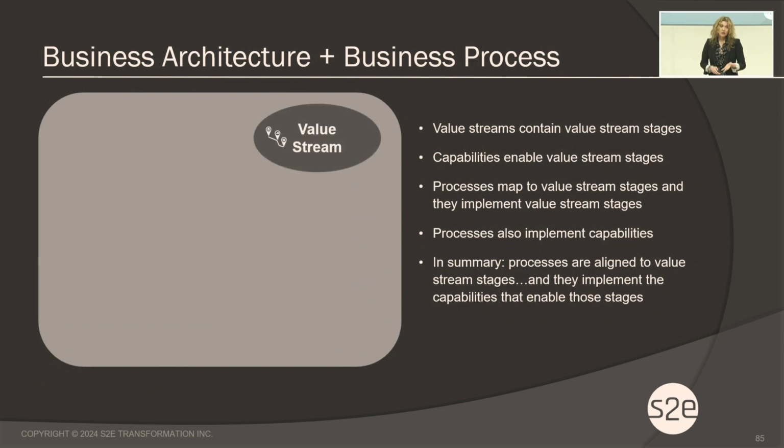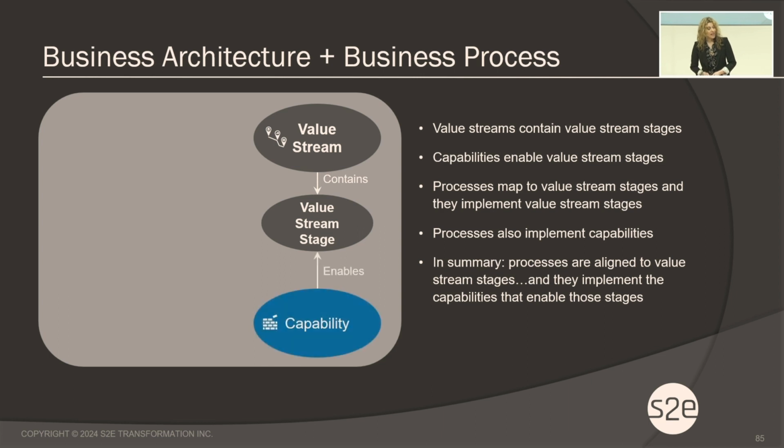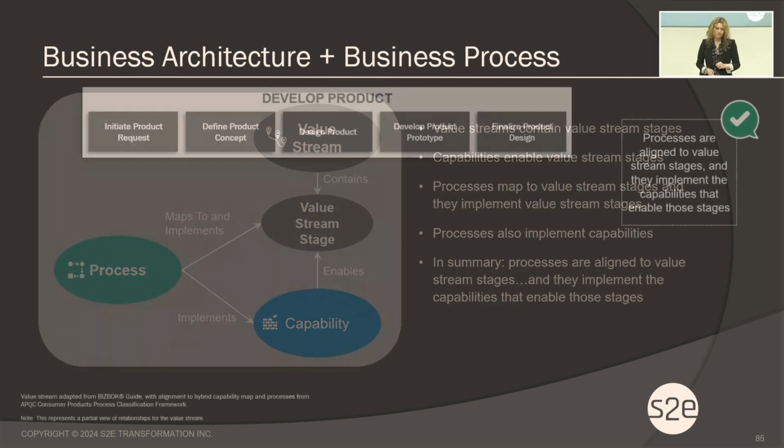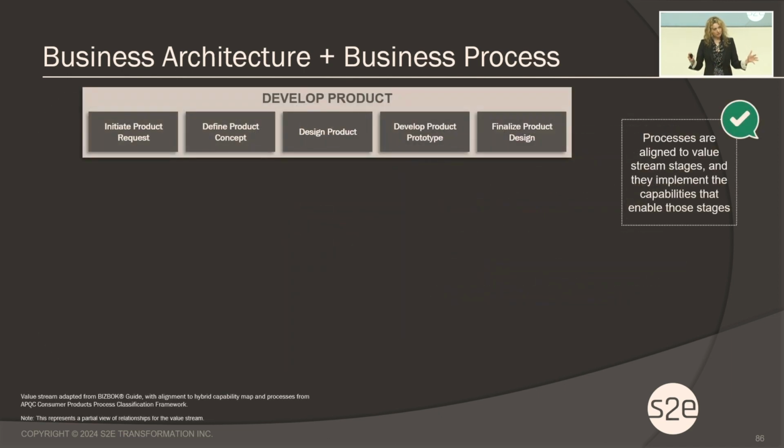So value streams, as we know, break down into value stream stages, and capabilities enable those value stream stages. And process comes in here and can map to value stream stages, and processes implement value stream stages. Processes also implement capabilities. And to look at that set of relationships with a real example, here I have a develop product value stream and its stages.